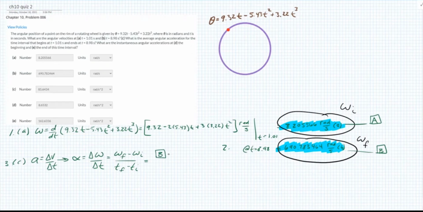secant B minus secant A, all over 8.98 minus 1.01 seconds. So this will be my average angular acceleration.